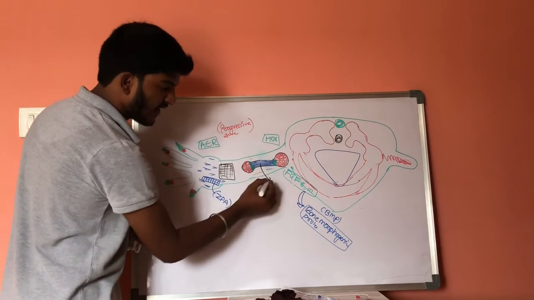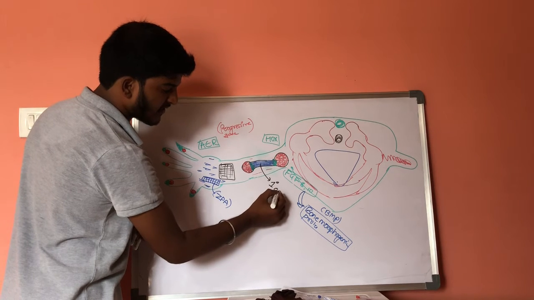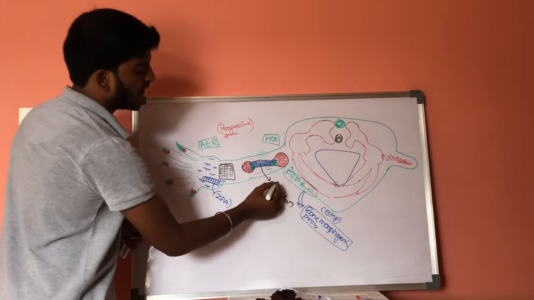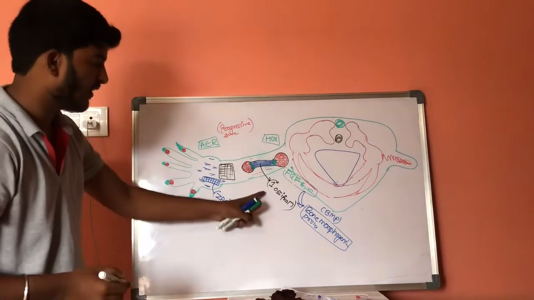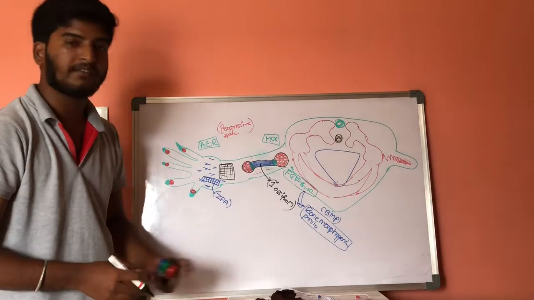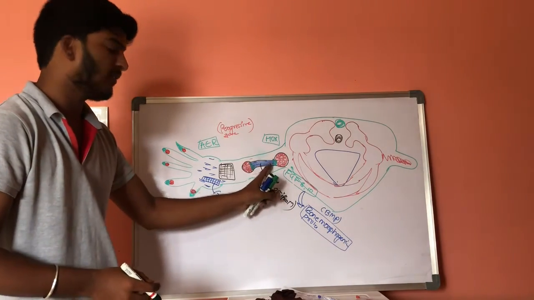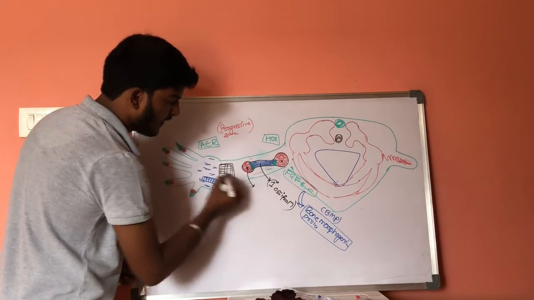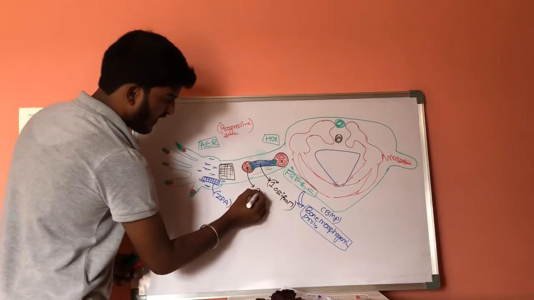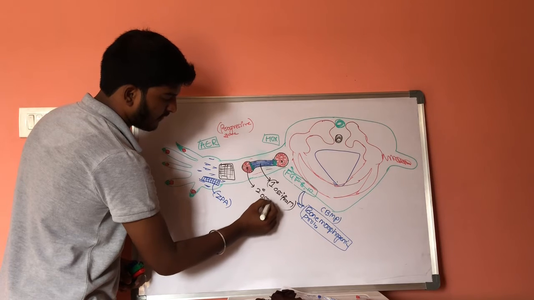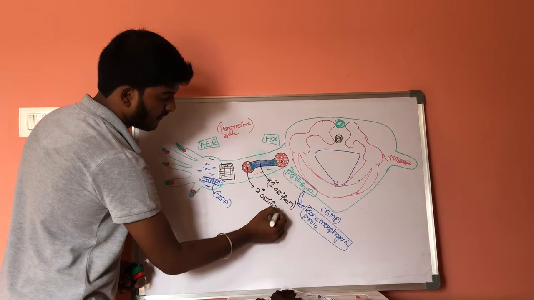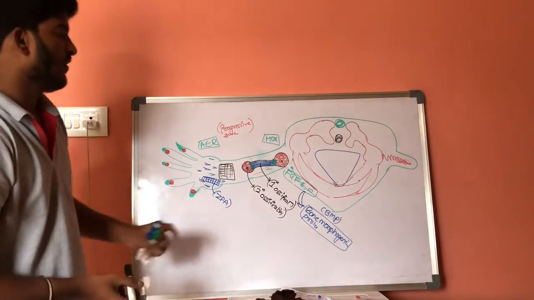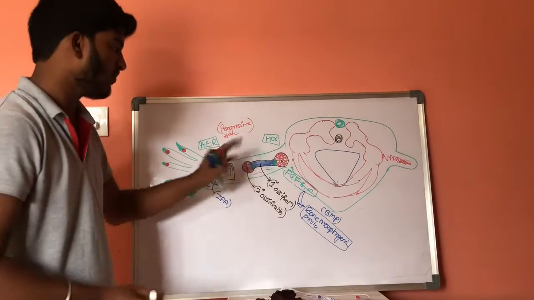In the diaphysis it undergoes primary ossification, and at these lateral sites in the epiphysis it undergoes secondary ossification. In this way the bones are formed.